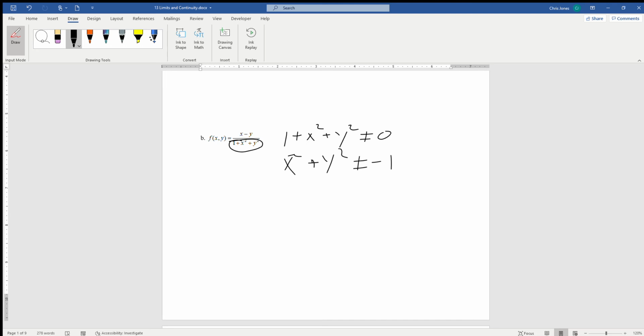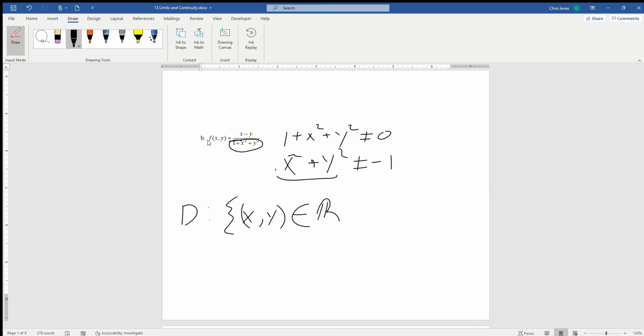The set of values is all real values of x and y. We know that anytime we square a number, the lowest it could possibly be is 0. So since we can never reach negative 1, the largest set for which this is going to be continuous is all (x, y) in the real numbers.